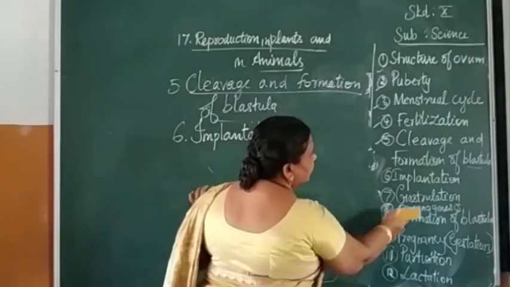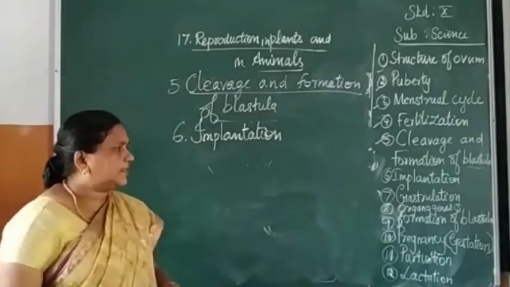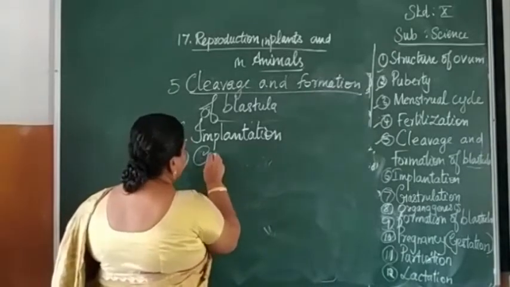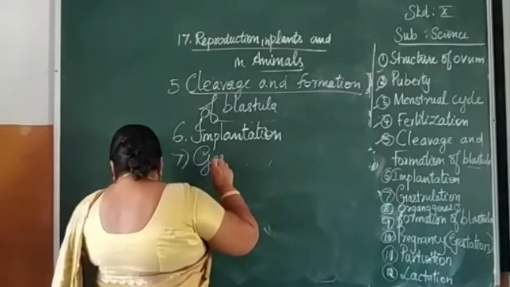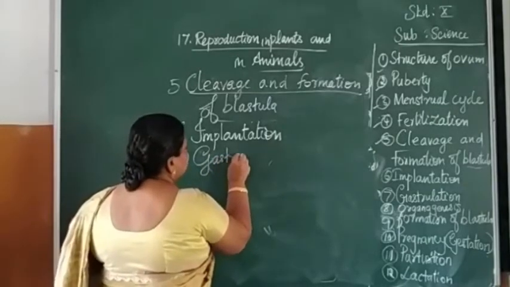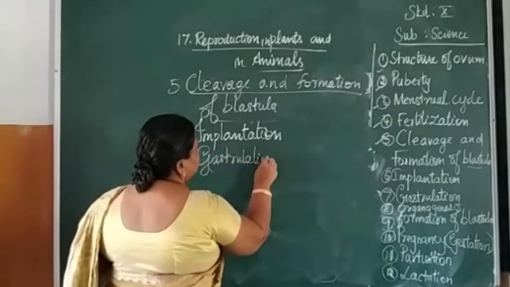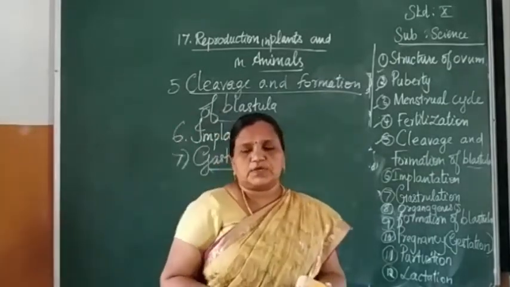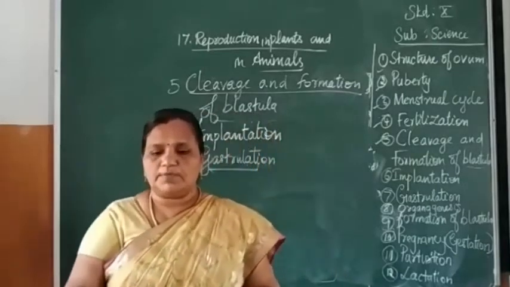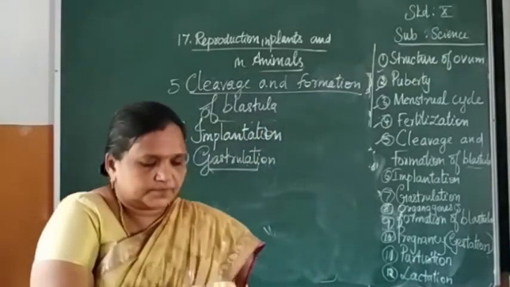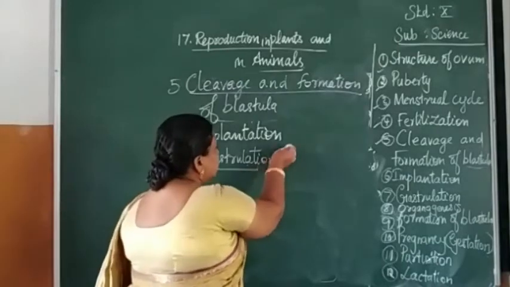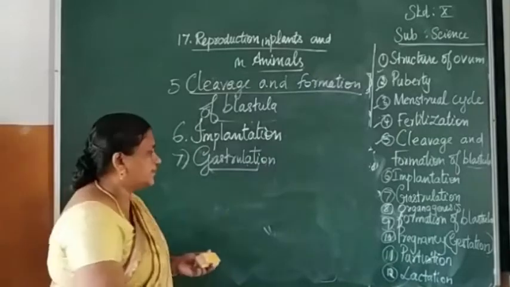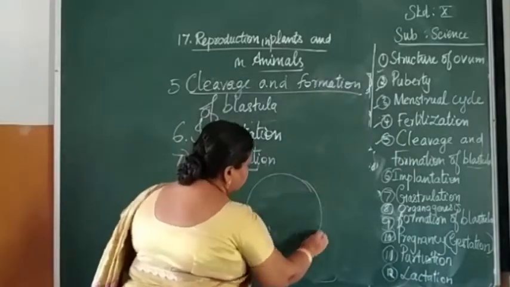Next we can pass on to gastrulation, the seventh one. After implantation, 3 layers will be formed in the blastula, because we can see a mass of cells on the interior side of the blastula.